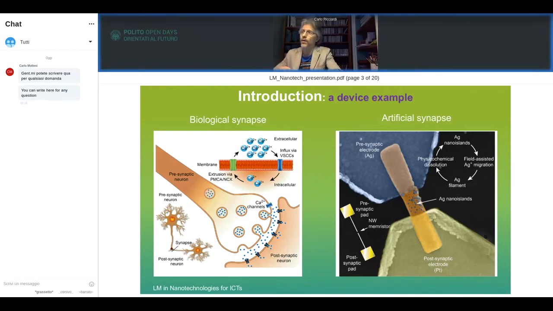We fabricate the same functionality with an artificial synapse that is made of a nanowire in which silver clusters are moving forward and backward.